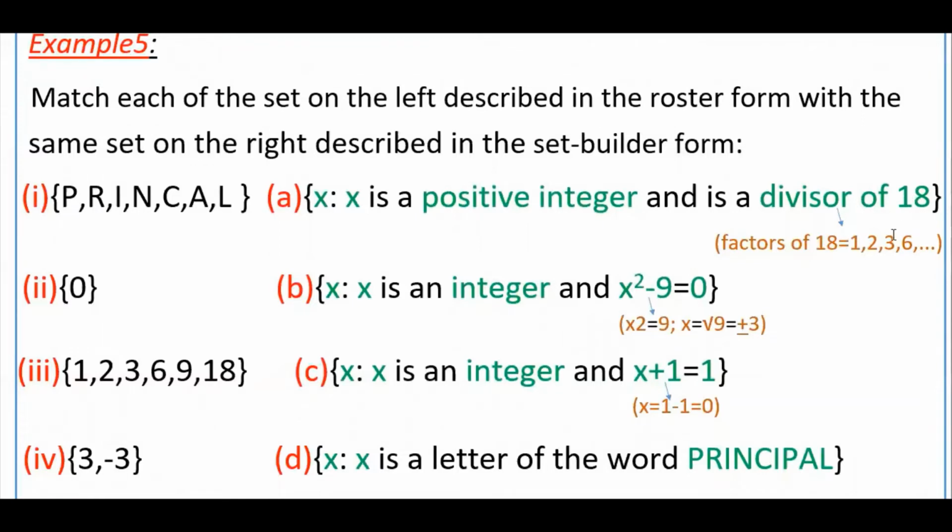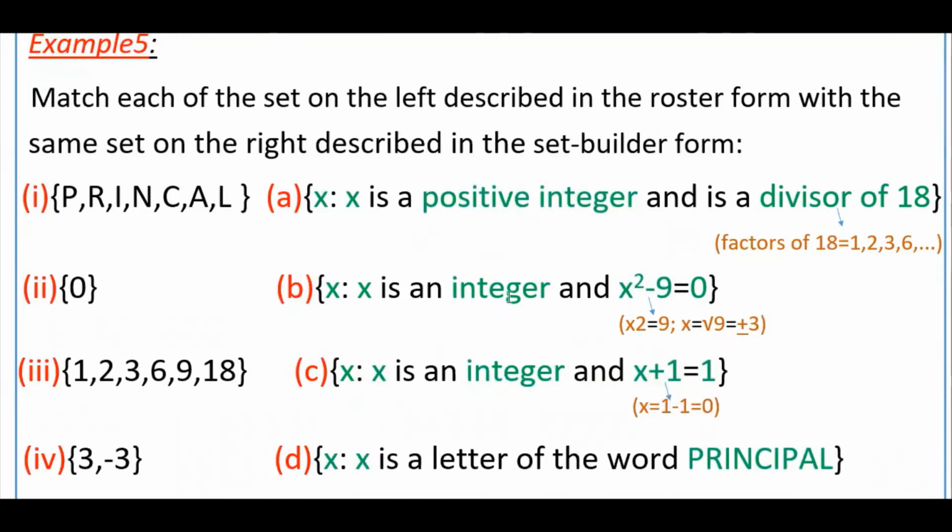If you divide 18 by the factors, then you will get the remainder 0. That is the meaning of divisor of 18. So find the factors of 18. Those are 1, 2, 3, 6, etc. So if you see here on the left side, 1, 2, 3, 6, next 9 is also a divisor of 18, because this is also a factor. 18 is also a factor of 18. So this is the set you can match with A, 3 and A.